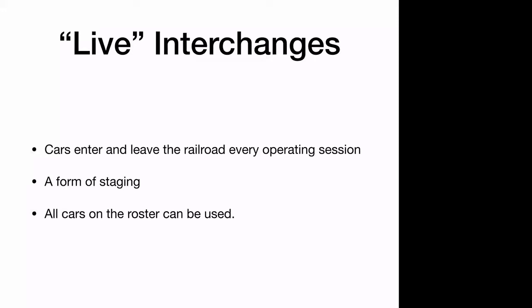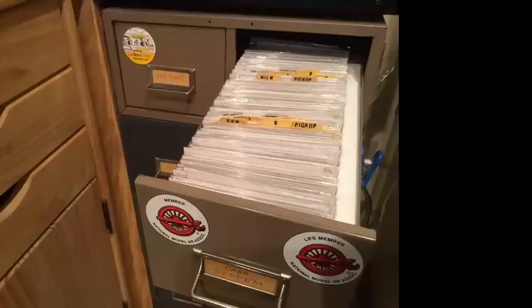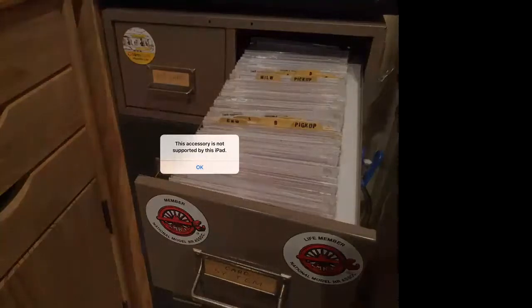The beauty of the live interchanges is that all cars that you have built, in your rolling stock and the in-service cars, can be used. When I say all cars on the roster, all of my cars that are in service or have been built are right here, as you see.